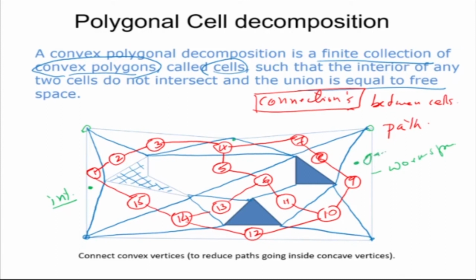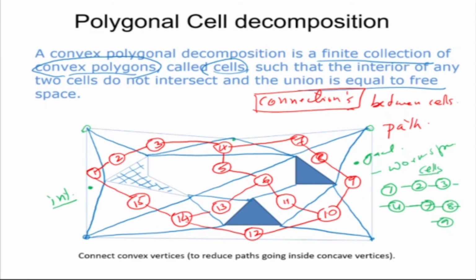So from initial to goal, I see that I can go from 1, 2, then 3, then 4, then 7, 8, and then 9. Okay, that's the path. These are the different cells that take me from the start point to the goal point.